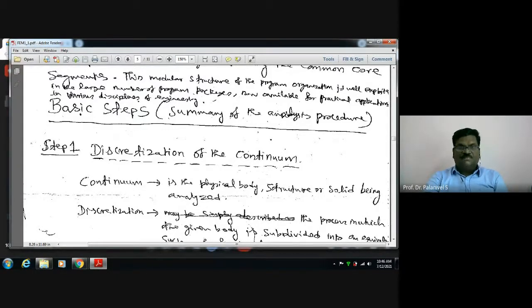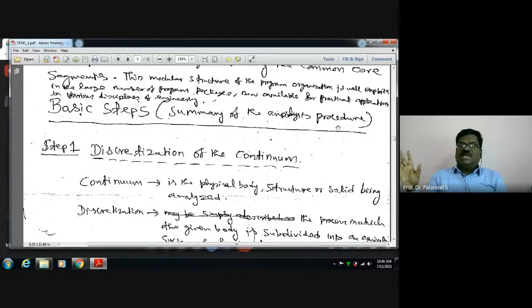This I have also taken from Abel and Desai. The basic steps given in Abel and Desai are more popular among the teachers who taught finite element method and the students who studied it, because it's beautifully given. Those days students used to open Abel and Desai and study the basic steps of FEM.